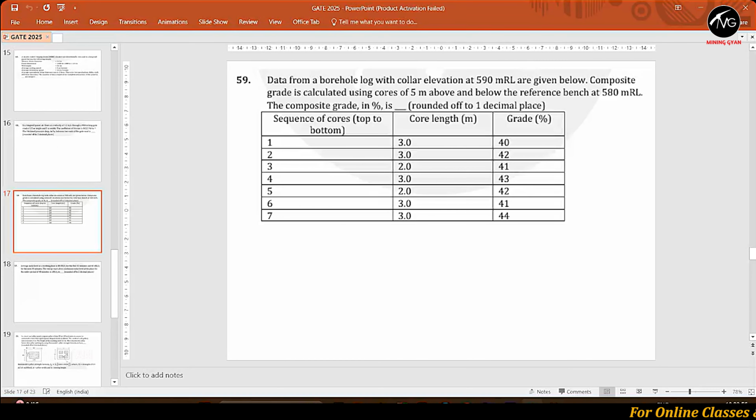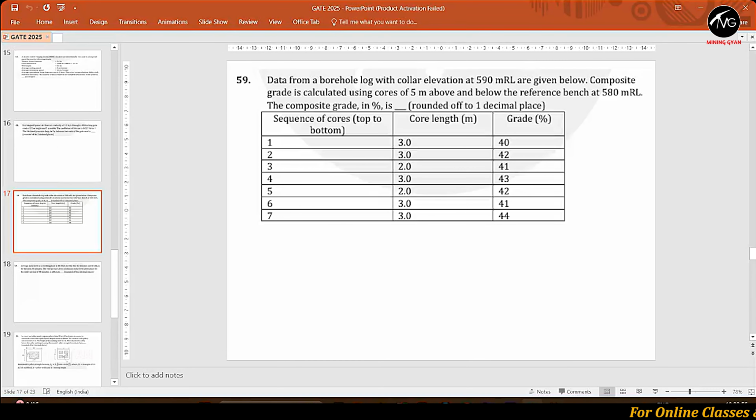Now load on the pillar, the maximum load to be borne by the pillar.